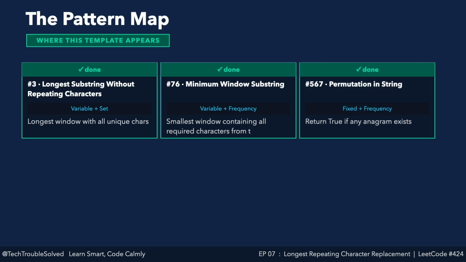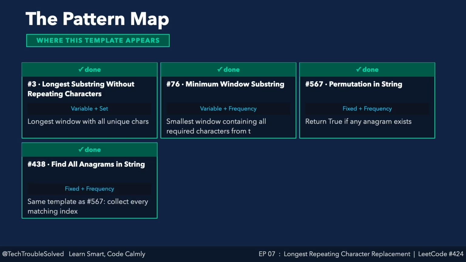Permutation in string. Fixed window, validity check is frequency map matches exactly. Return true if any window matches. Find all anagrams. Same fixed window, same exact frequency match, but collect every position where it matches, not just the first.